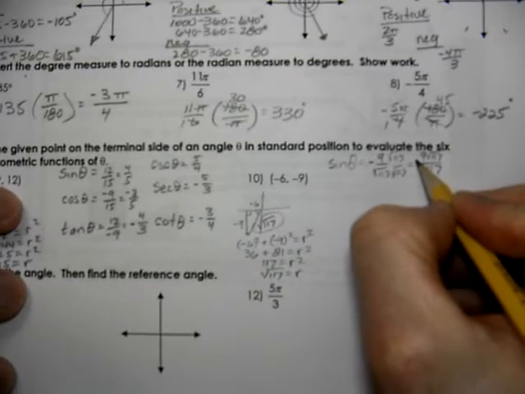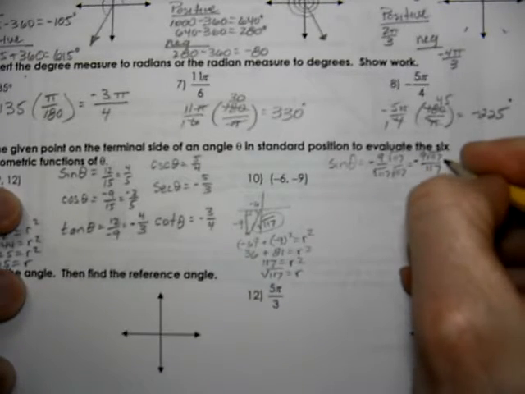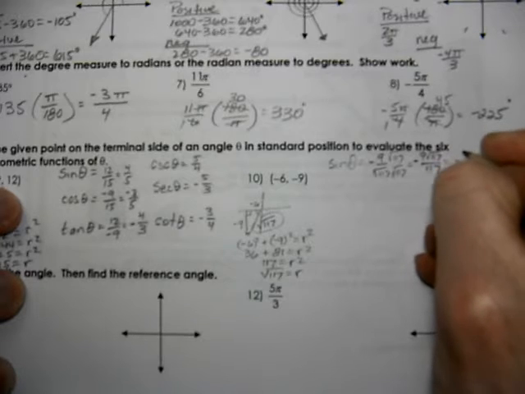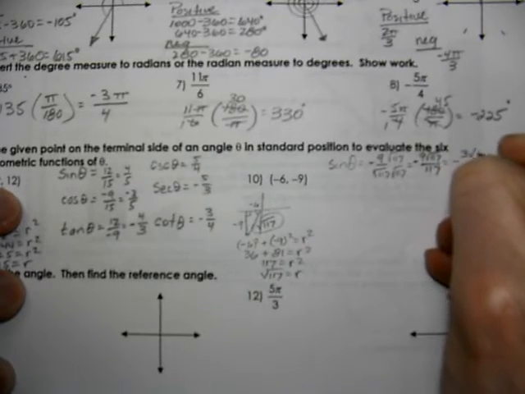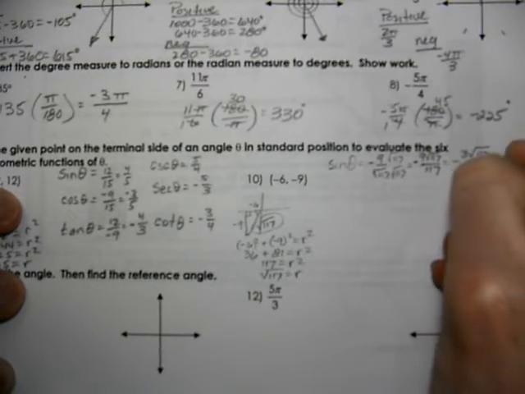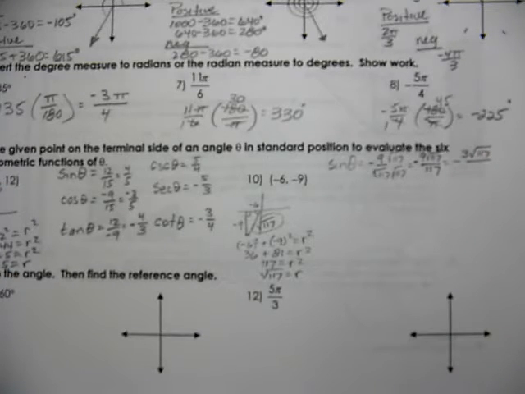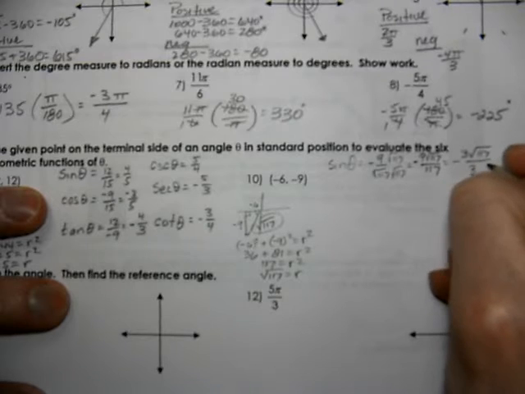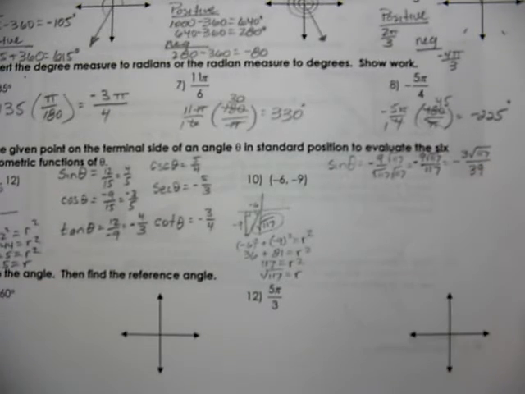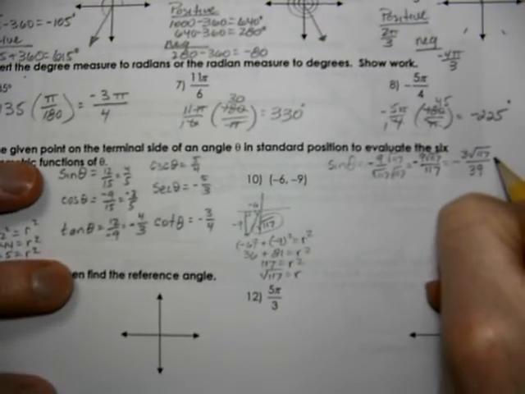You notice that 3 goes into 9 3 times. 3 goes into 117 39 times, and that also can be reduced.